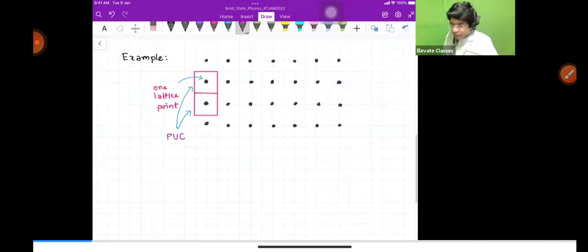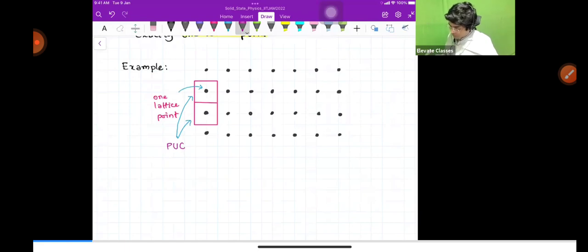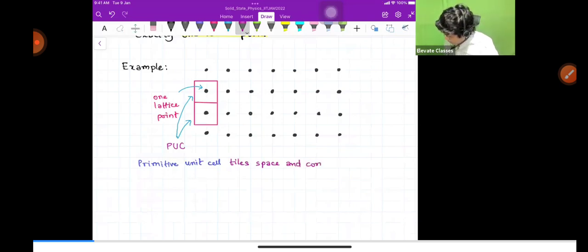Now we can see that if you just keep on repeating this thing throughout the space, what will it do? The primitive unit cell tiles space and contains only one lattice point.